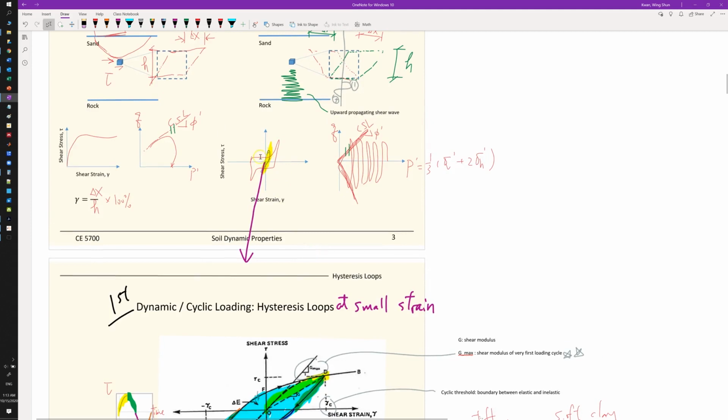And you may ask how to obtain this stress-strain plot. In engineering practice, you take soil samples, ship them to the lab, and do cyclic loading. Then you can recover the dynamic soil properties. You can do it in the lab or in the field, and we'll talk about the field tests later. After this, we talk about the lab tests first, how to obtain those hysteresis loops, and then we can also touch base on the field tests.